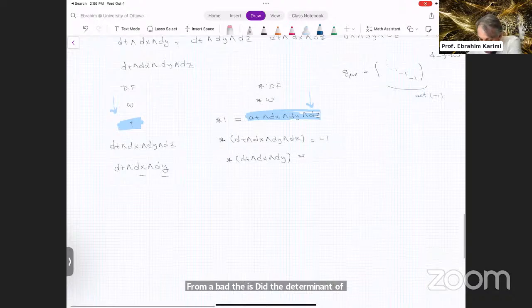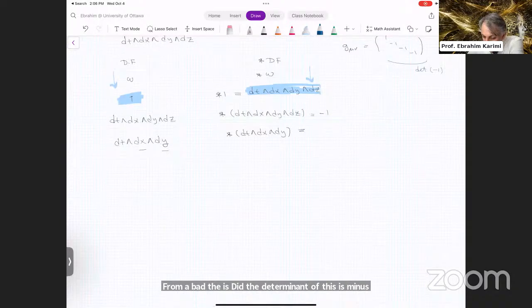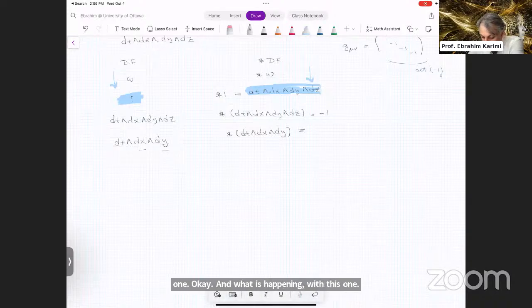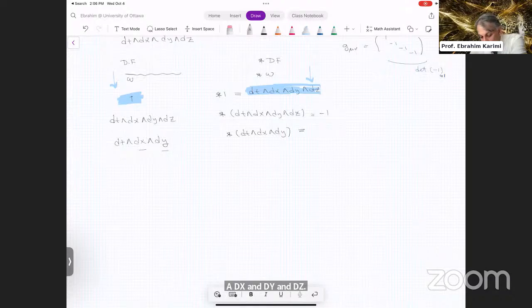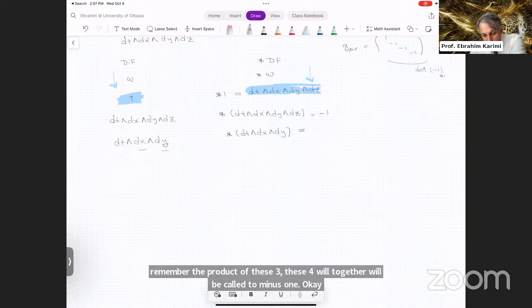And what is happening with this one? We are going explicitly with the example of dt, dx, dy, and dz. The product of these four together will be equal to -1. That's correct.